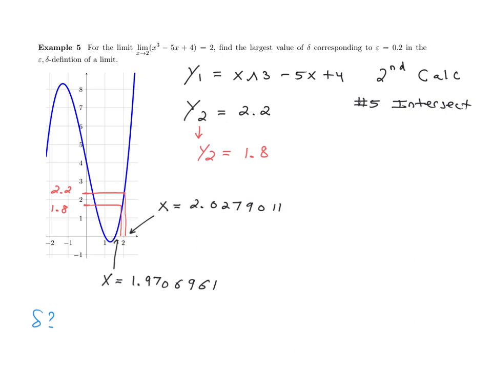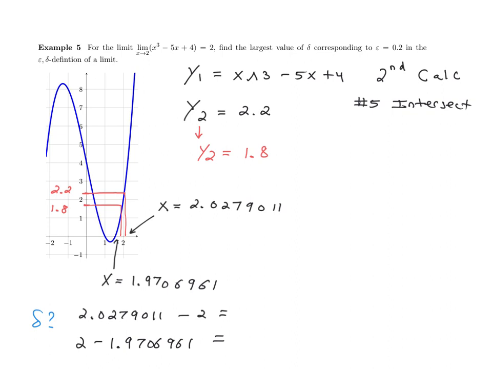So that is 2.027911 minus 2. And then I'll do 2 minus this number. So I'll also check 2 minus 1.9706961. And between those two, I'm going to choose the smaller of the two values.